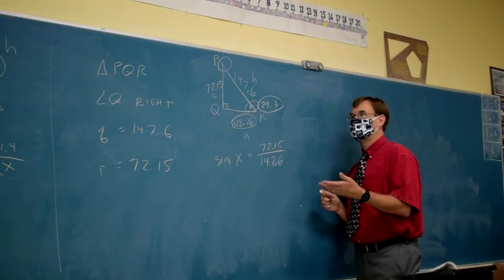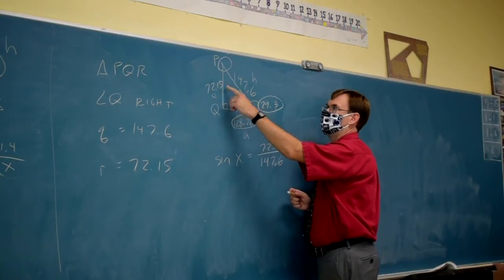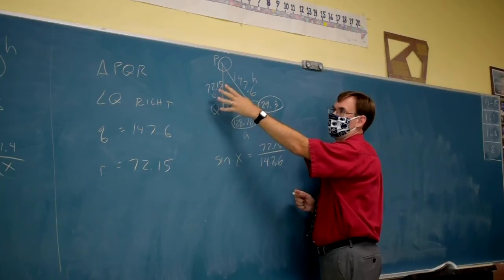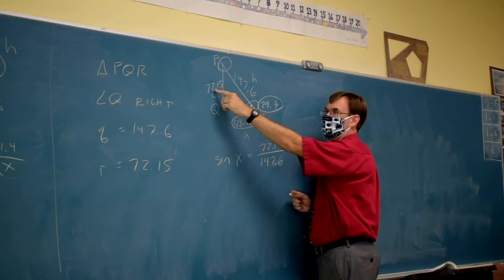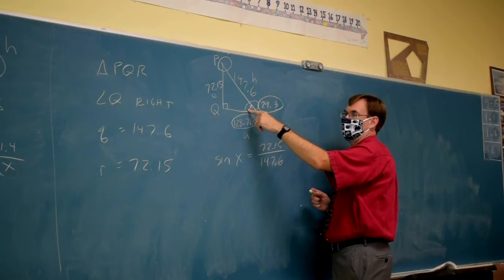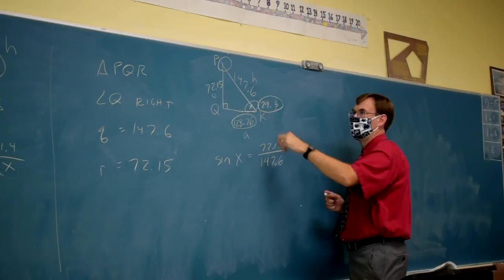Again, I saw the 30 thing coming. 72 is close to half of 147. Half of 147 is like 73, 74. So this being half of that, I was pretty sure that this was going to be close to 30, but a little bit under.